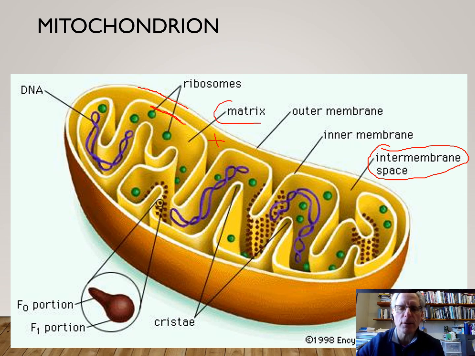The matrix, obviously named after the movie, right? Yeah, not really. Now inside the matrix, the mitochondrion has its own ribosomes and its own genome. And both these genomes and these ribosomes are very bacterial looking.